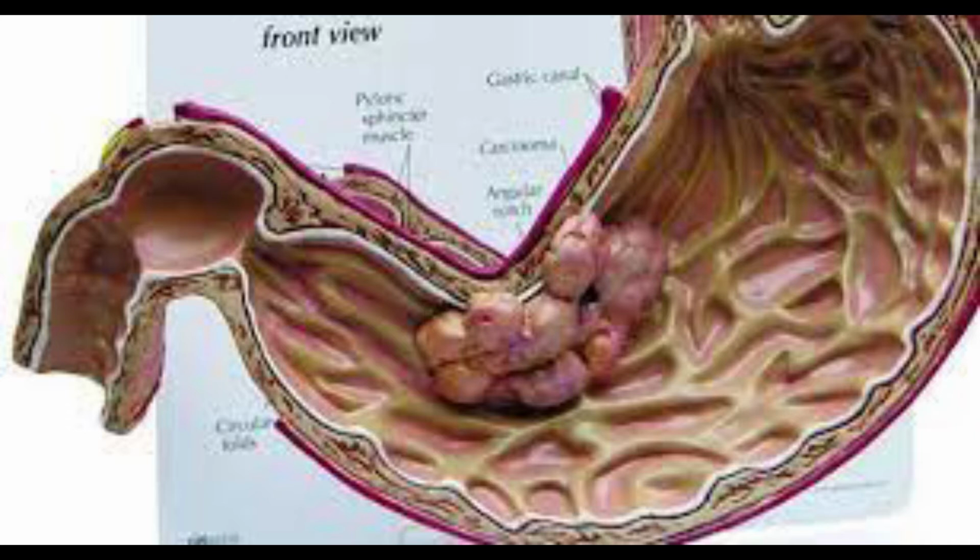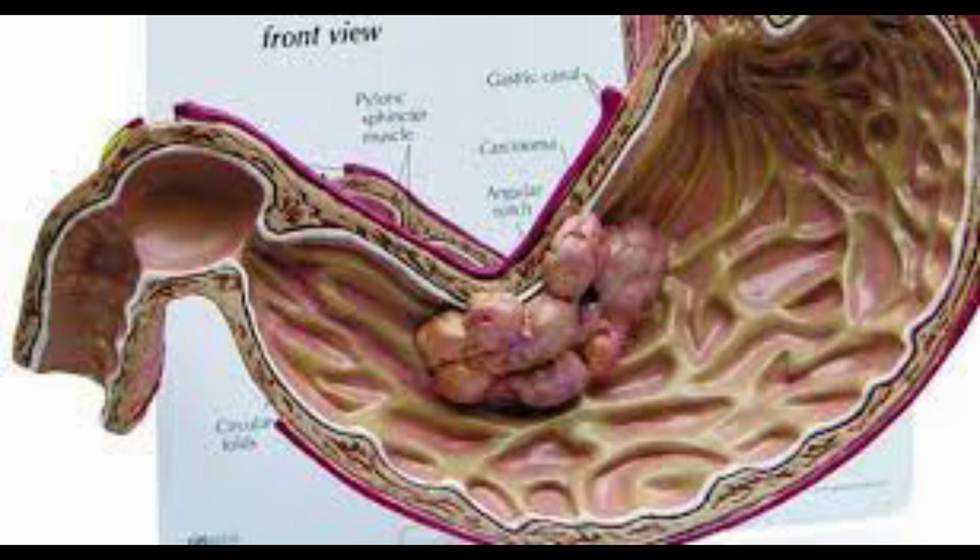So what are the three major cell types responsible for the production of gastric fluids? The chief or peptic cells produce protein-splitting enzymes.